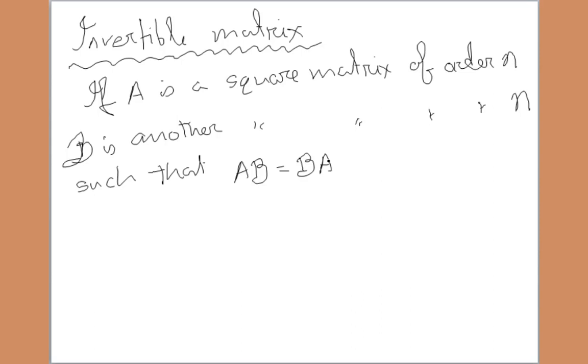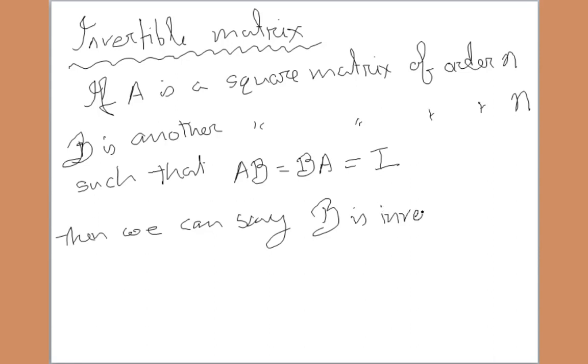Generally, in case of matrices, AB is not equal to BA, but if AB equals BA equals I, where I is called the identity matrix, identity matrix means diagonal elements are 1, then we can say B is the inverse of A. This is an invertible matrix.